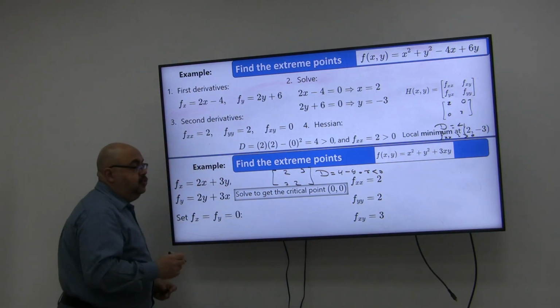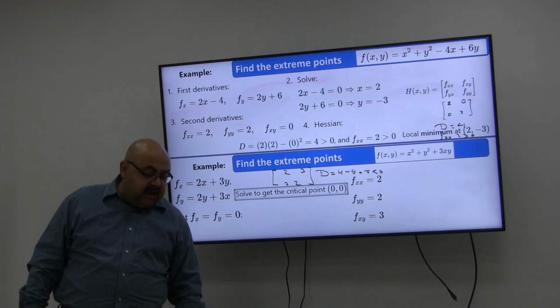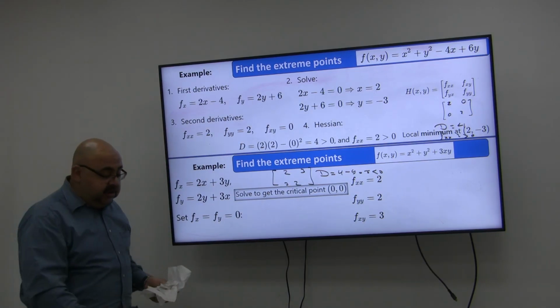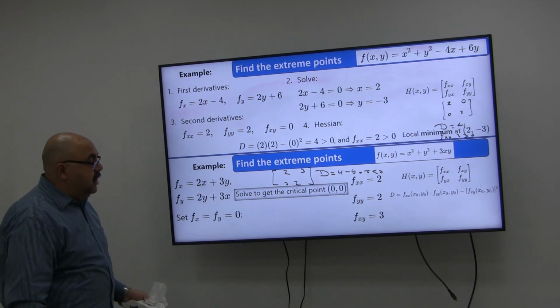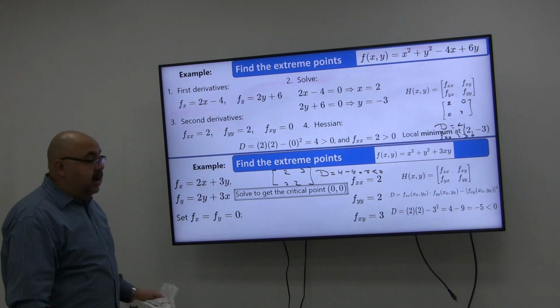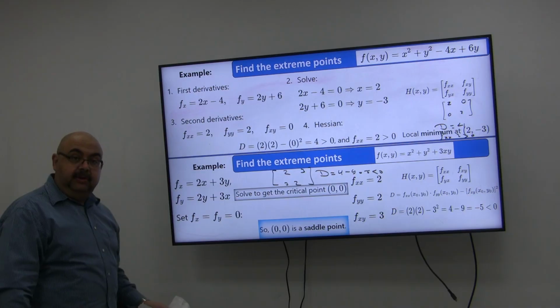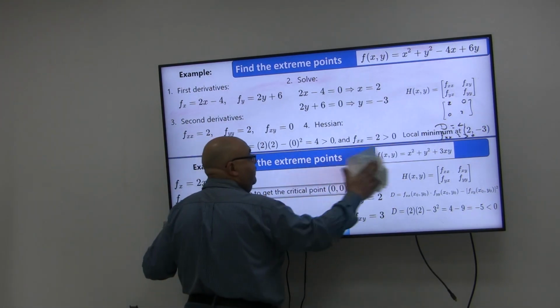And that means the critical point that we have is a saddle point for this problem. So once more, D is less than 0, as we already evaluated, negative 5, and so it is a saddle point.